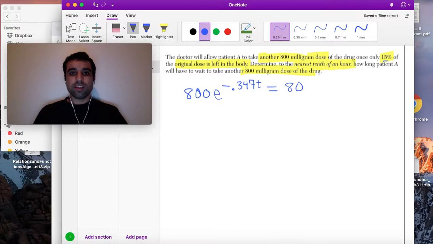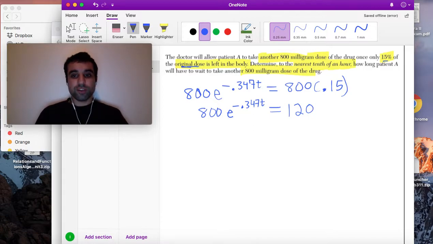So when 15% of the original dose, which is 800, A0, is left. So 800 times 0.15. If you put that in the calculator, you're going to get 120. So we get 800 times e to the negative 0.347t is equal to 0.15 times 800. 15% of 800 is equal to 120.